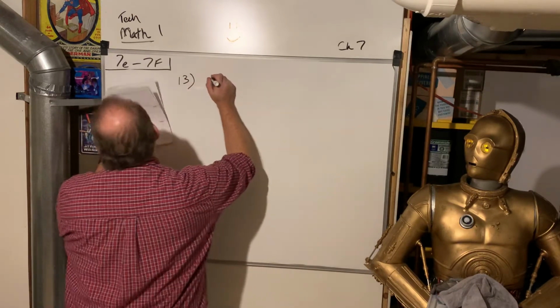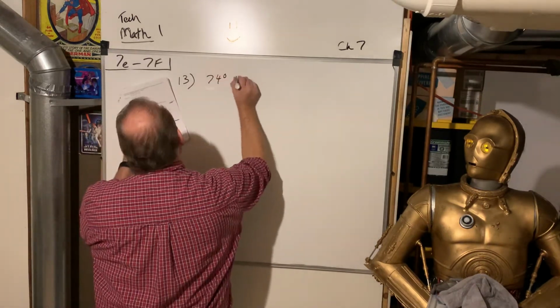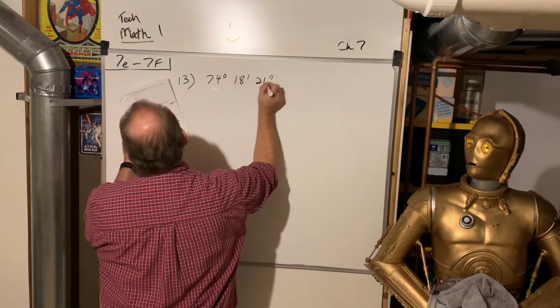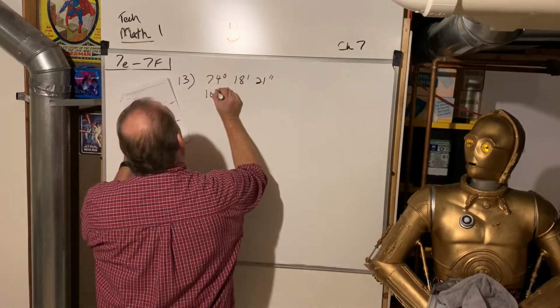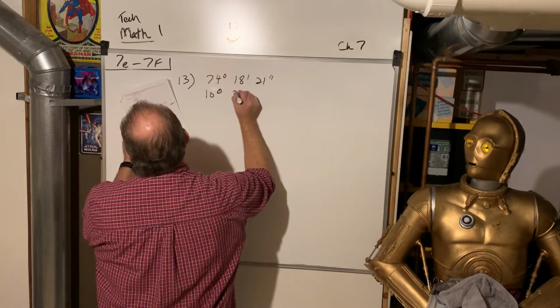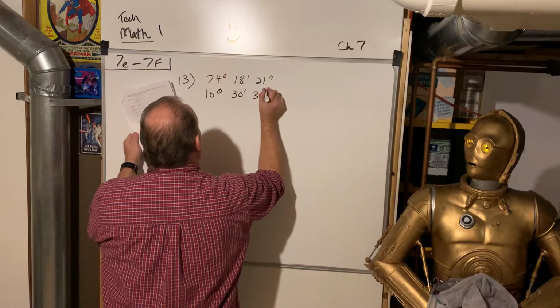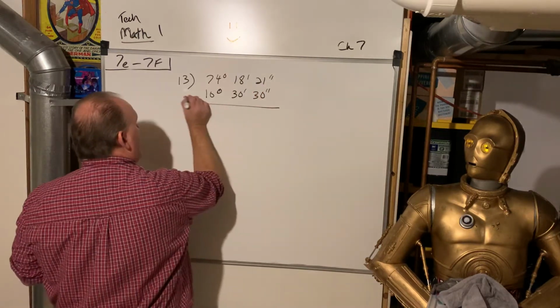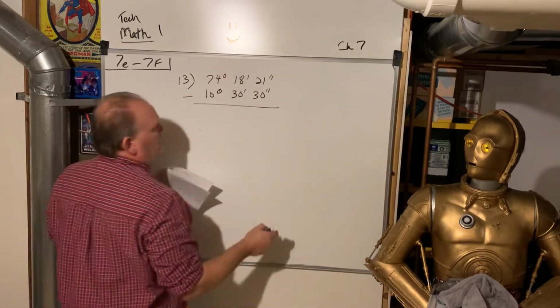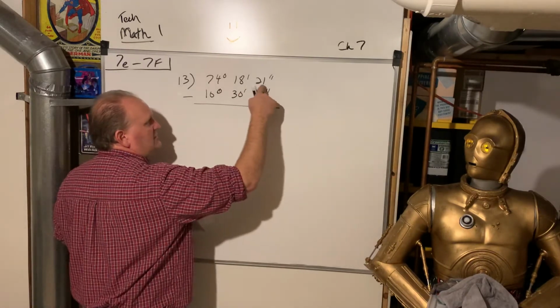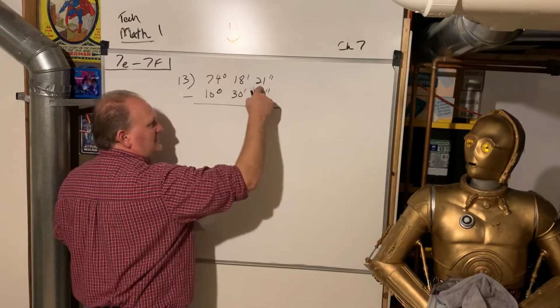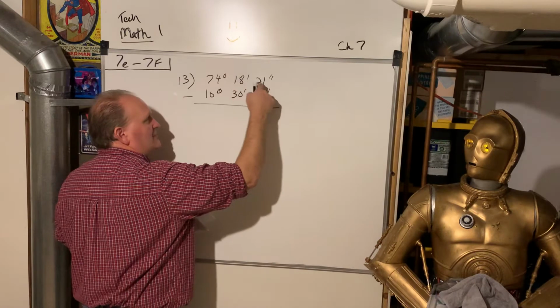That is 74 degrees, 18 minutes, 21 seconds, minus 10 degrees, 30 minutes, 30 seconds. But we're subtracting. So when we subtract, look at what we have to do. I have to take away from there, the seconds, but I don't have enough seconds here.